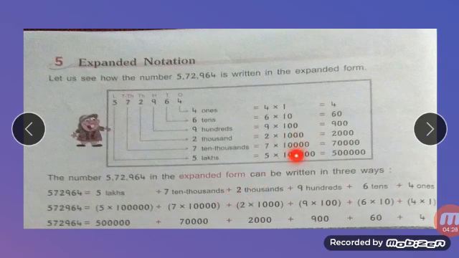Plus 2 multiply 1000 plus 9 multiply 100, plus 6 multiply 10 plus 4 multiply 1. This is the second way to write the number in the expanded form. Third way, that is this one. So always you have to start from the bottom, okay? From the bottom, that is 5 lakh plus 70,000 plus 2,000 plus 900 plus 60 plus 4.